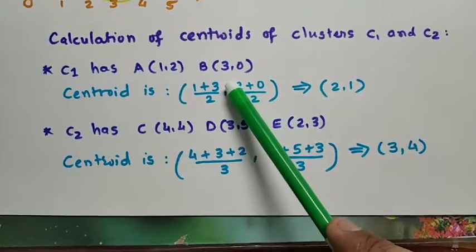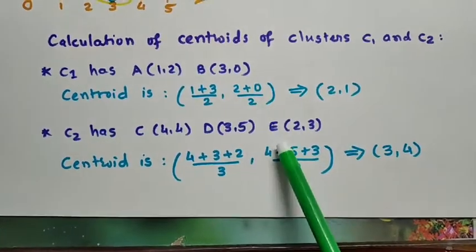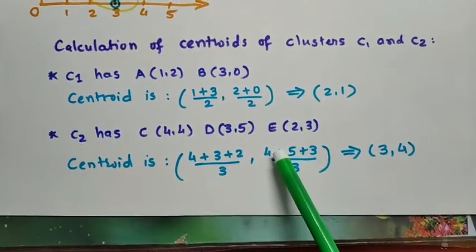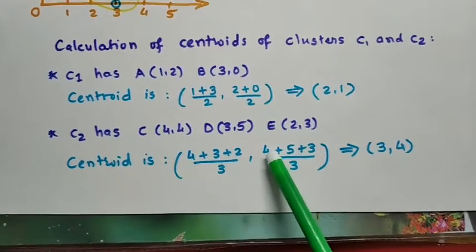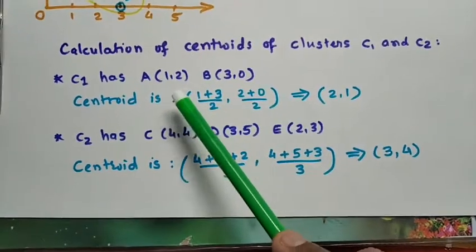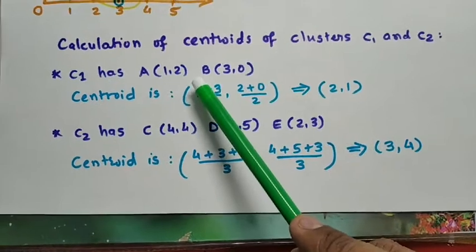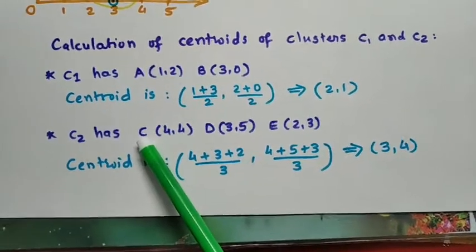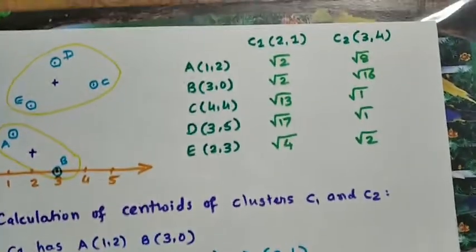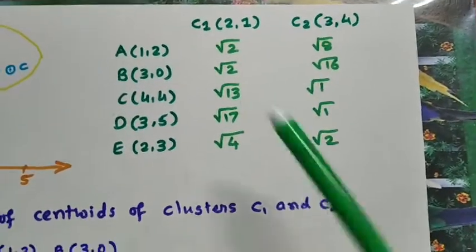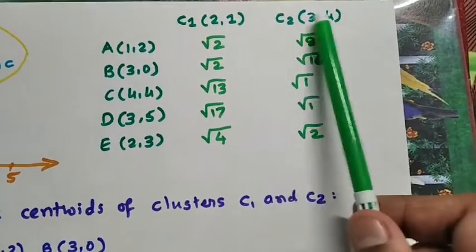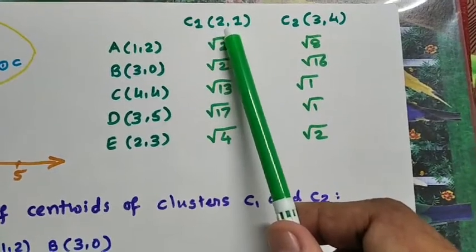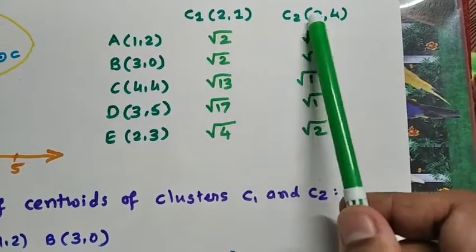So once we obtain the actual centroids of clusters C1 and C2, then what to do? Then we will repeat the procedure which we did in the first iteration, which was to calculate the distance of each object in our problem from the centroids of C1 and C2. That procedure is mentioned over here. So C1 is now 2, 1, and C2 is 3, 4. You can see that the coordinates representing both the clusters have changed.